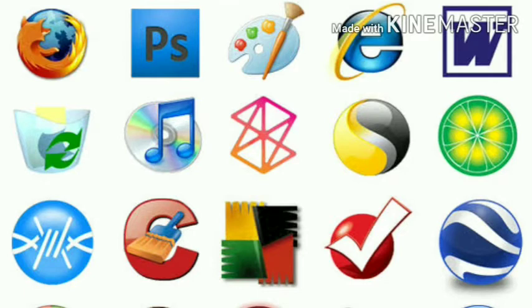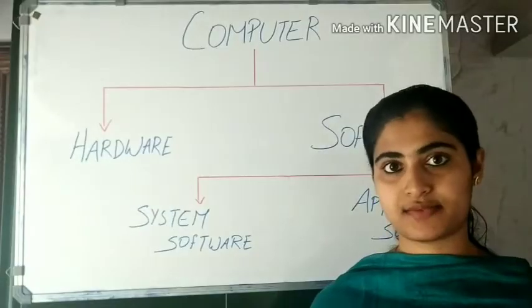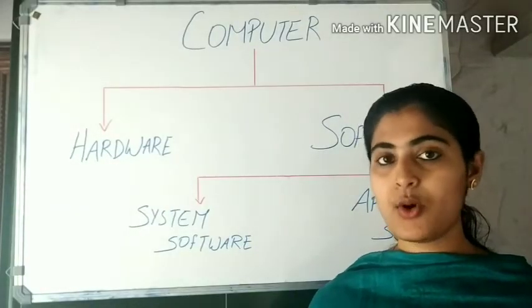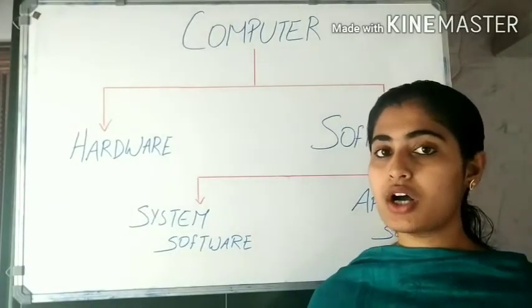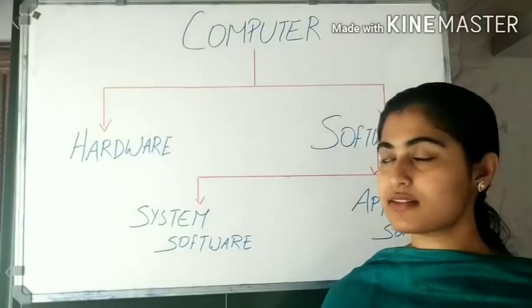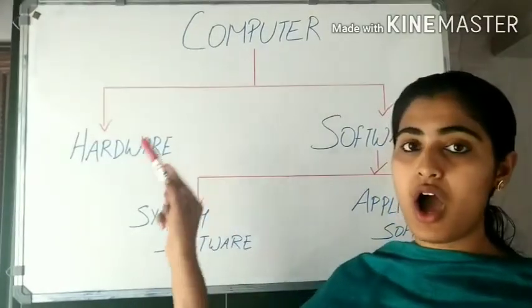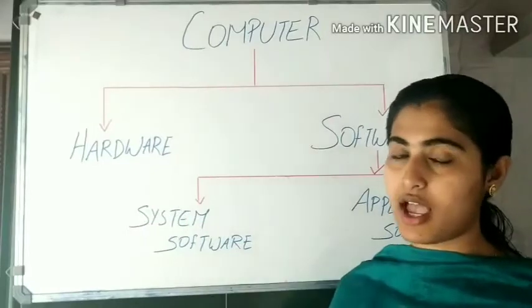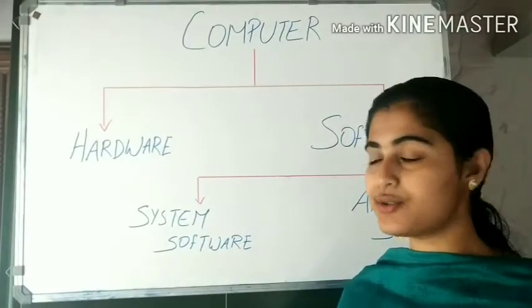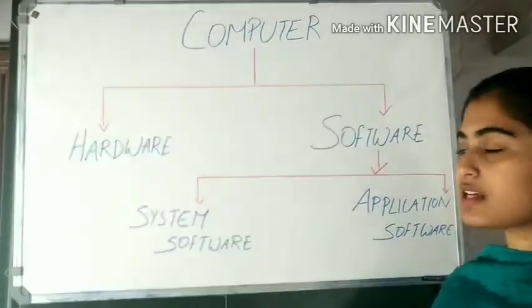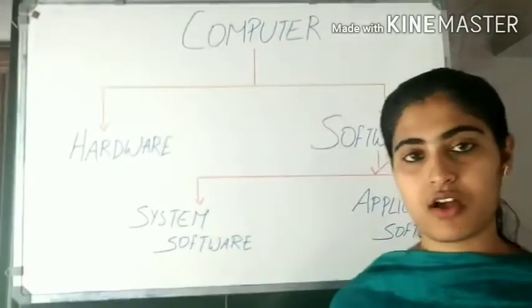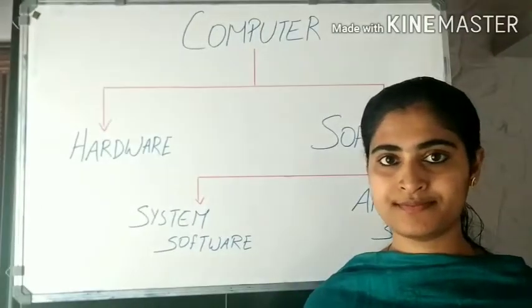Example, MS Paint, MS Word, MS Excel, etc. Okay. So, this is how a computer is divided. That is, a computer is first divided into hardware and software, and software is again divided into system software and application software.